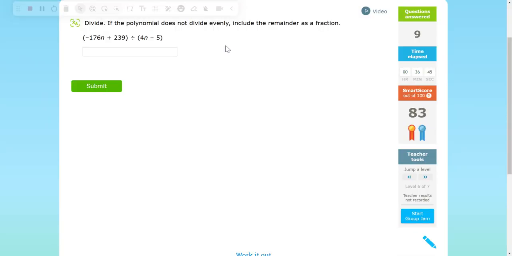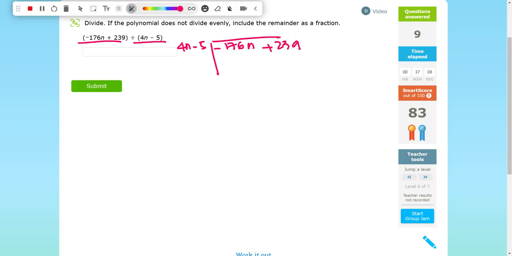For this question, we do the same thing. Let's draw this down: 4n subtract 5 on the top left corner, and then negative 176n and plus 239. First I take negative 176n and divide by 4n.